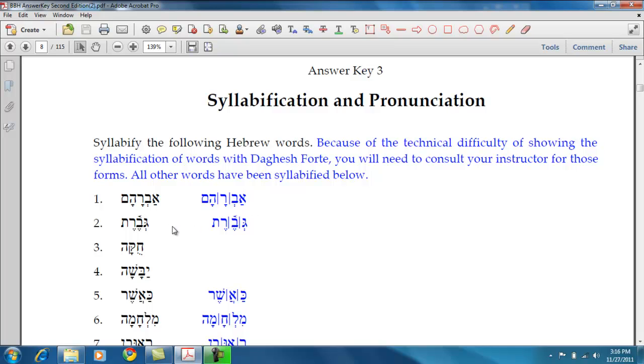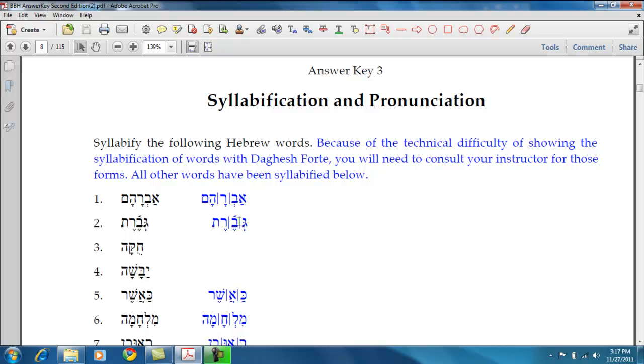Number 3 is geveret. Actually, this is the tonic syllable, and the other syllables are the pretonic. So in geveret, you got the gimel with the vocal shva. This shva comes at the very beginning under the first consonant, so it's always vocal.